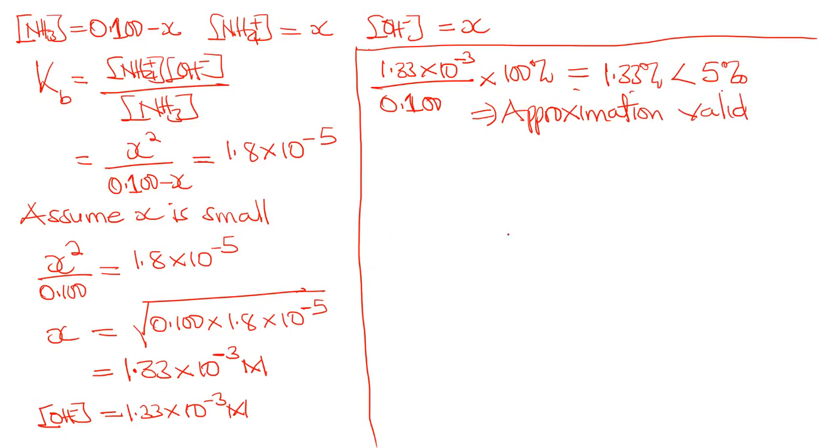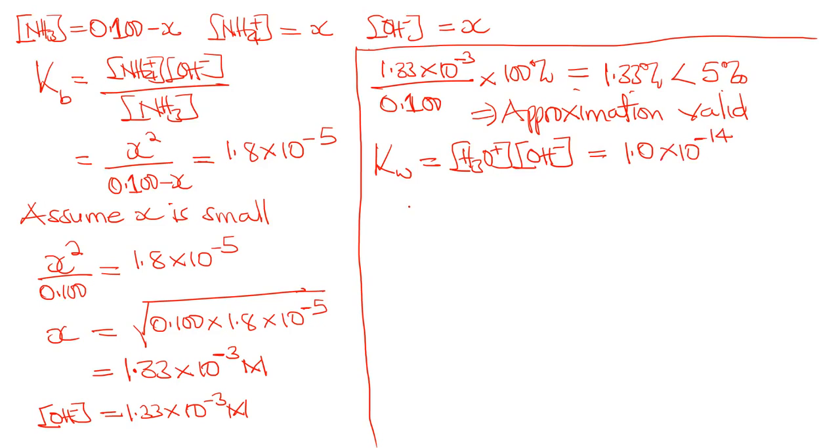Now, once you know the concentration of the hydroxide, you can go on and say Kw is equal to the concentration of the hydronium ion times the concentration of the hydroxide. This one will be 1.0 times 10 to the power negative 14.